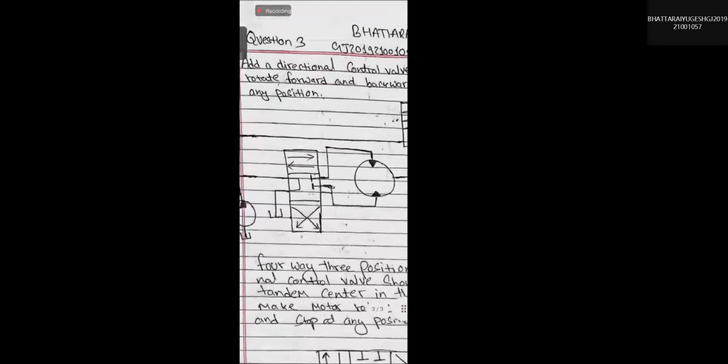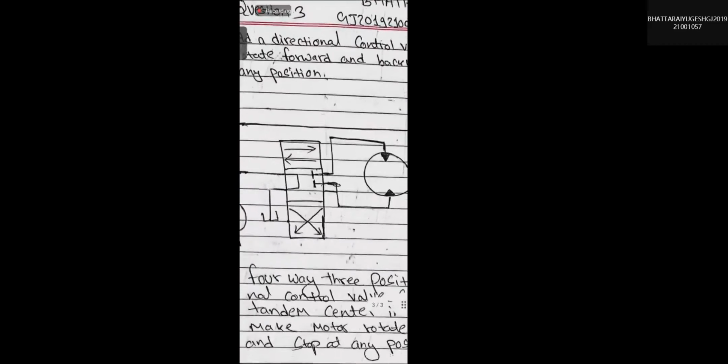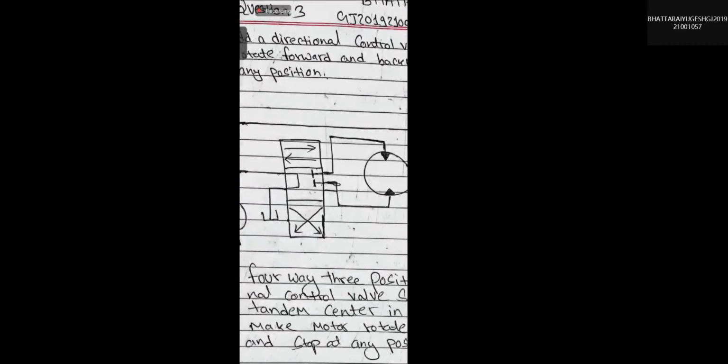It has three directions. For the first direction, the motor can move forward or backward, and with the help of the tandem center, the fluid will again pass through this. You can see here. The fluid will pass through this tandem center, and it will go back to the reservoir.